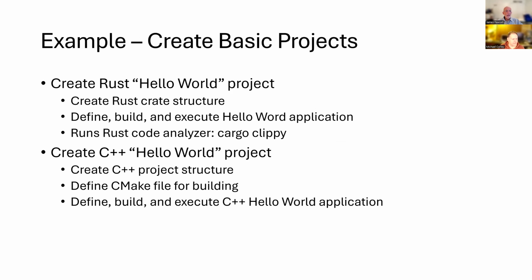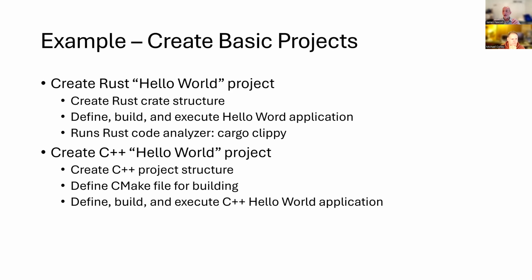So I created a couple of very simple little applications. Don't be put off by how simple these are, because they illustrate some very powerful stuff going on here. The first one is I told it to create a Rust Hello World project. Rust has a tool called Cargo, and Cargo knows exactly how to build that application.